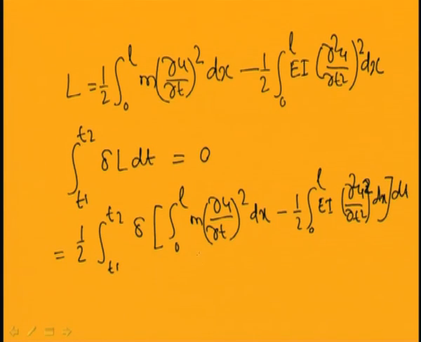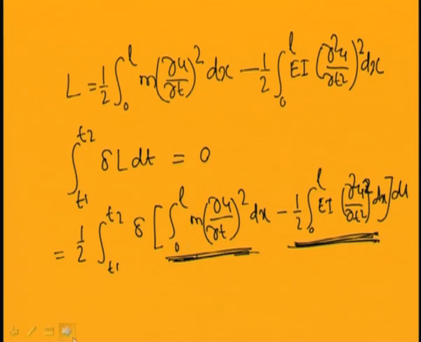So, you may note that you have already done this part in case of the longitudinal vibration of the rod. This part is similar to that in case of longitudinal vibration of rod, but only this part is different. So, let me derive only the second part.